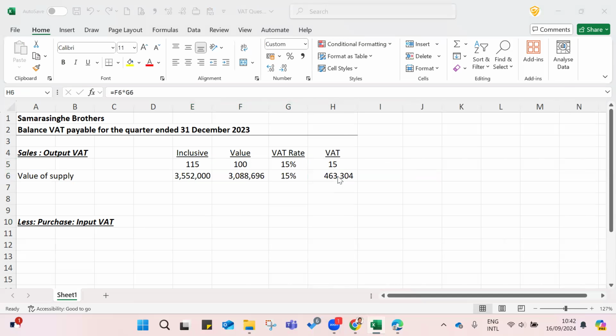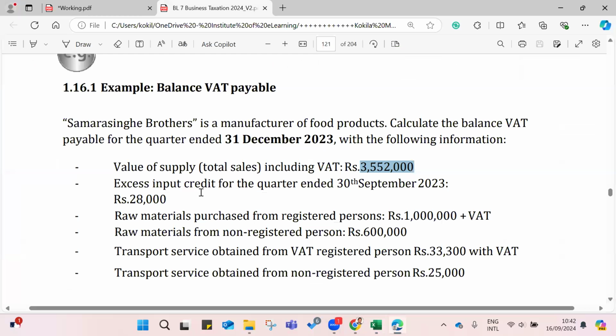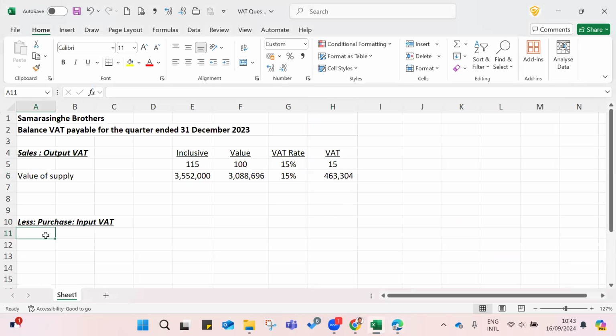This is the VAT amount, right? First part is done. Excess input credit for the quarter ended 30th September 2023, 28,000. Previous period input tax credit carried forward, right? Carried forward input from the previous quarter. Then I would say brought forward input tax credit in this quarter.